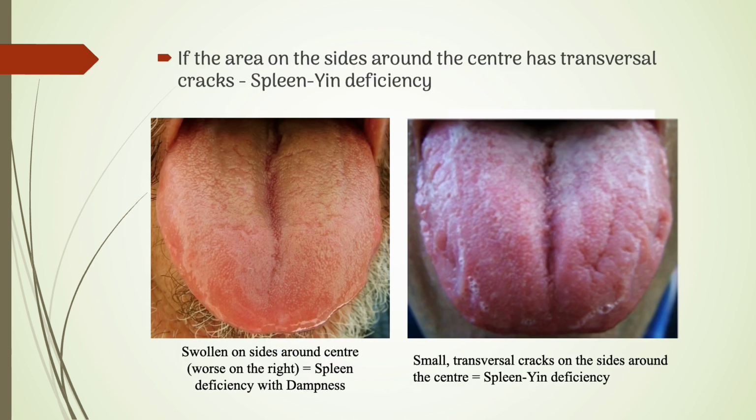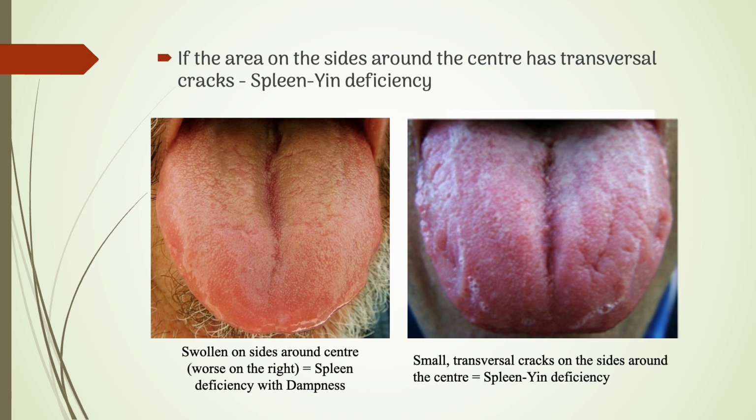If the area on the sides around the center has transversal cracks, it denotes spleen yin deficiency. So if you focus your attention on the image on the left, that is spleen deficiency with dampness because you have swelling on the sides around the center, but it's worse on the right.